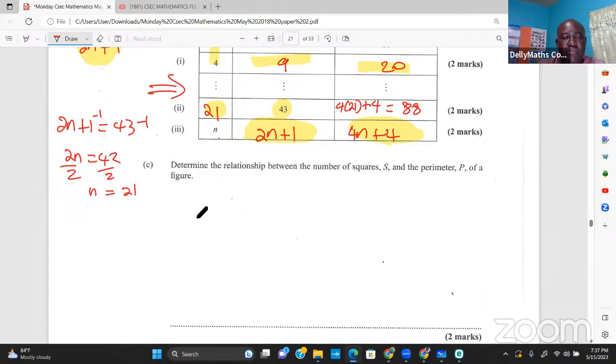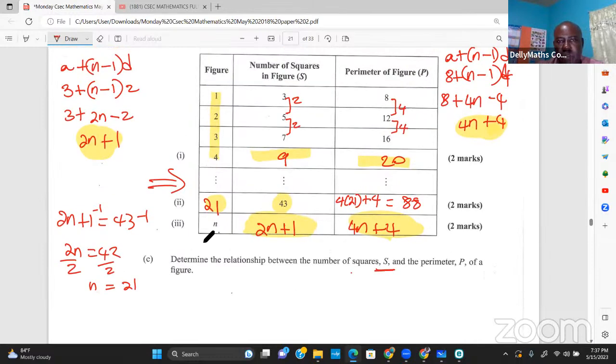Number 7 is finished. Determining the relationship between the number of squares, S, and the perimeter, P, of the figure. Look at it. So they are saying, can you determine the relationship between those? Take a quick look and see if you see what's going on.